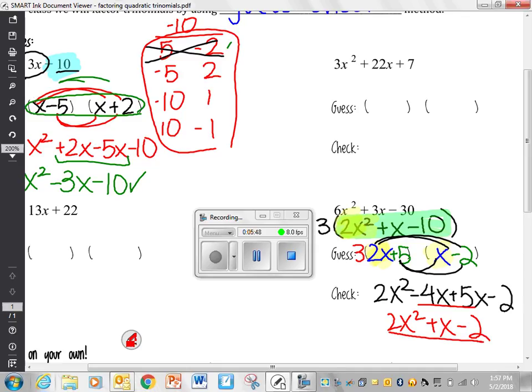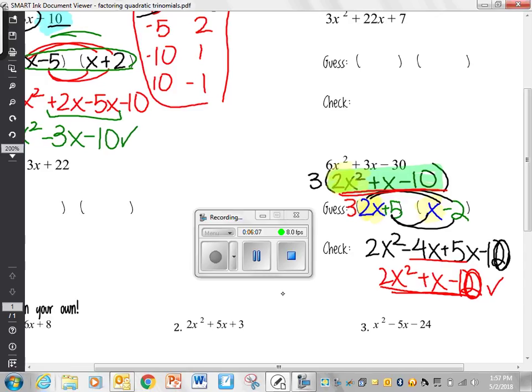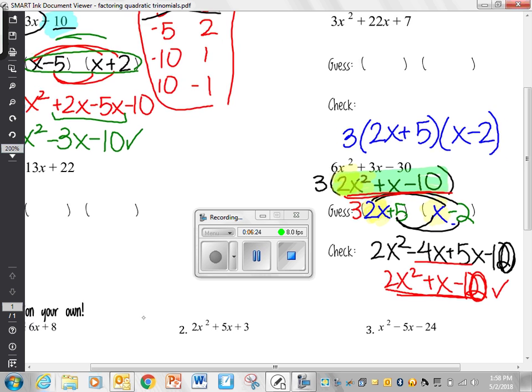And I'm checking to see, does this match with my stuff that was highlighted in green? I made a mistake, this should be 10, sorry. This is a 10. And it does match, so that's right. So my final answer for this one is this, but I'm going to write it kind of neater. So 3 goes on the outside because that's your GCF. It's 2x plus 5, and we have x minus 2. So as you can see, it is very important when you're doing these problems that you check them. If you don't check, then it's probably not right.